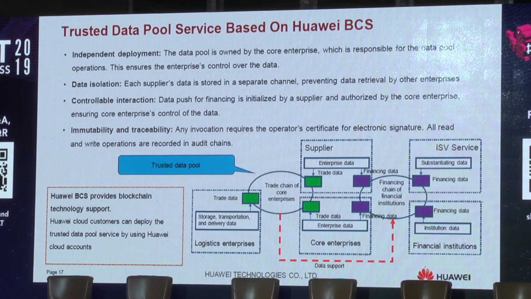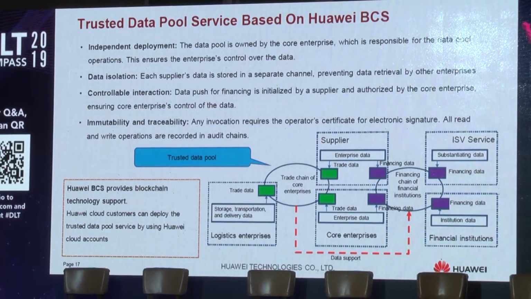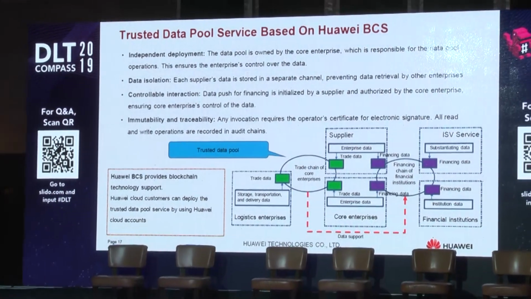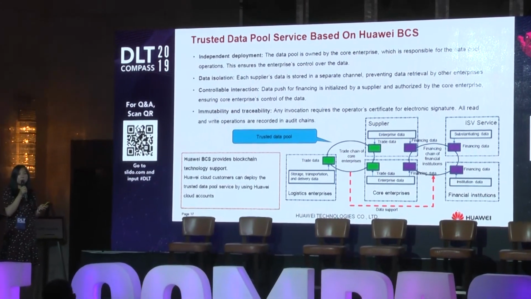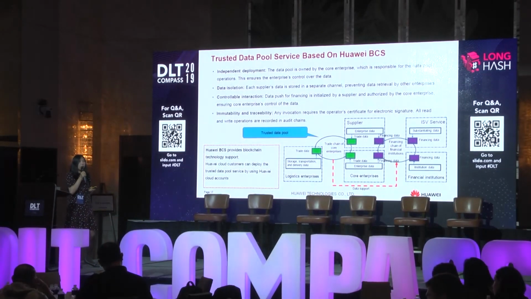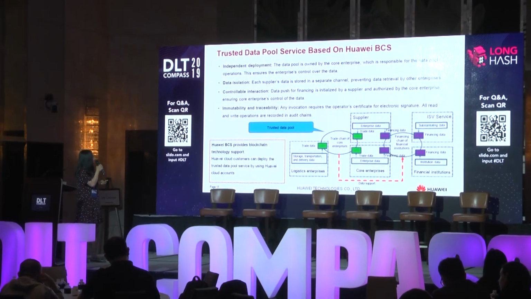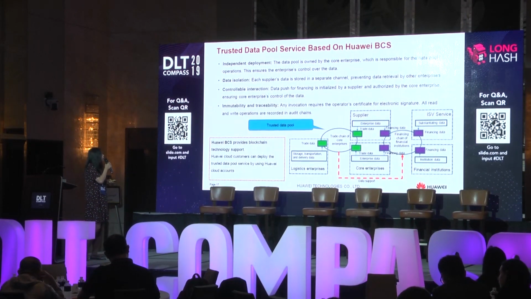So this is the first part. And for each supplier and enterprise, we set a separate channel. By this way, the data will be isolated. So other suppliers will not get the data of this supplier. So we guarantee the data isolation.